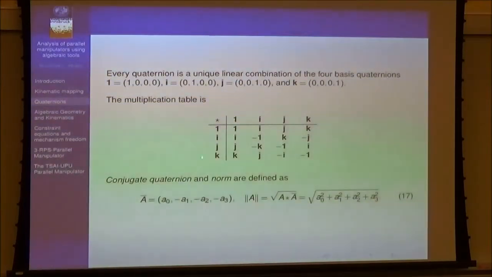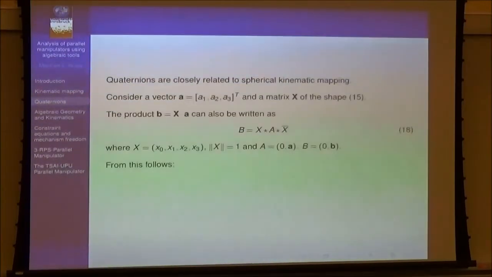And with this multiplication table and looking at the quaternion as a vector, you could do all the multiplication of vectors or whatever is needed. The conjugate quaternion and also the norm of the quaternion are defined in this way. I will not refer too much to that because quaternions are closely related to the spherical kinematic mapping.